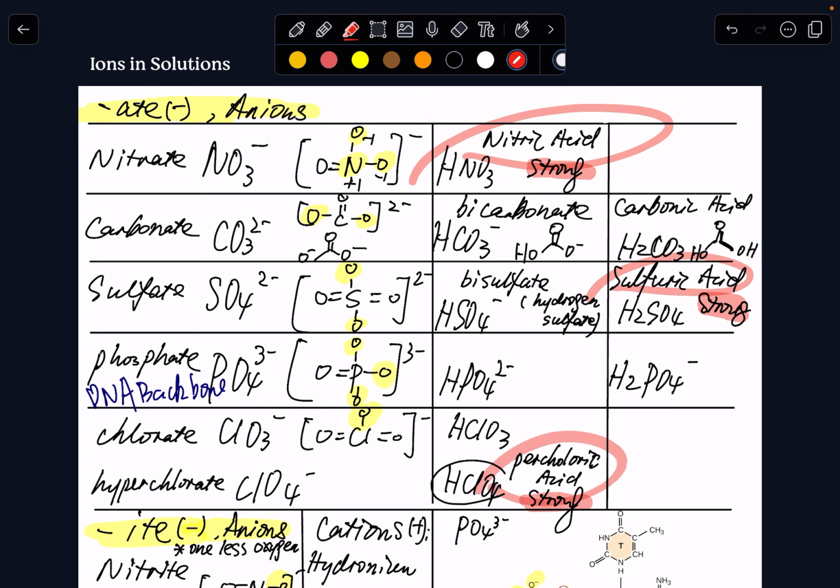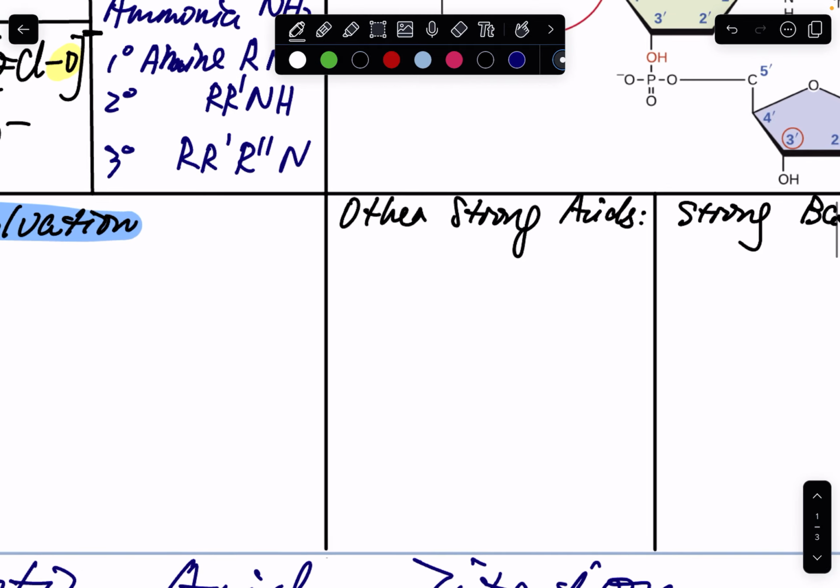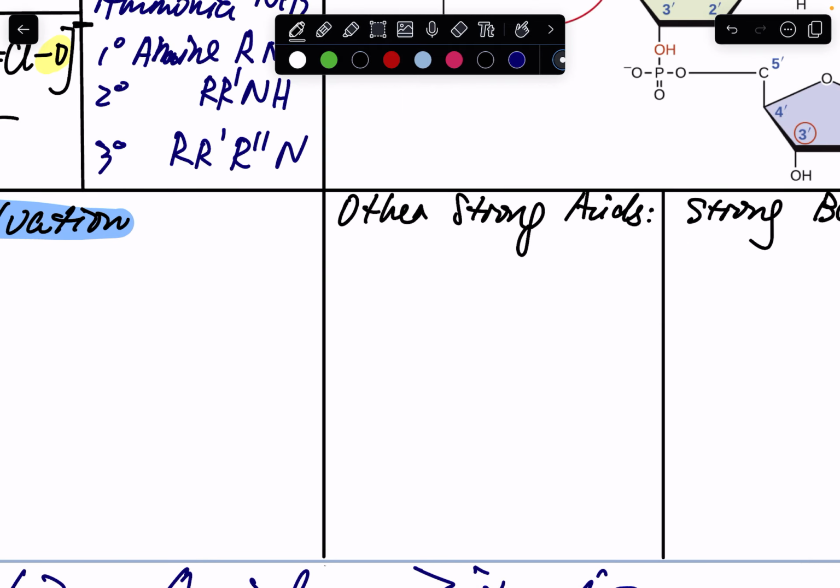Okay, what are the other three? Since we already went over three, let's do the other strong acids. The other three strong acids are HCl, HBr, and HI. I'm going to write down their names in just a second, but I'll tell you first. HCl is hydrochloric acid, HBr is hydrobromic acid, and HI is hydroiodic acid.